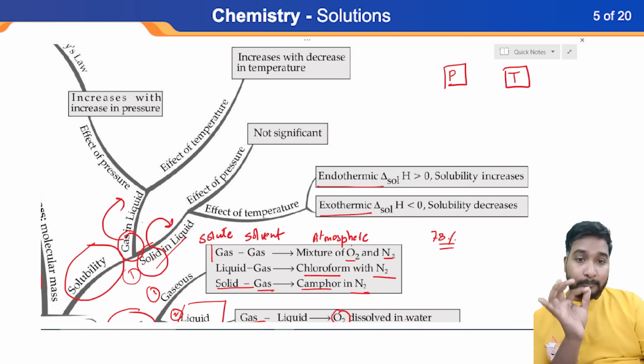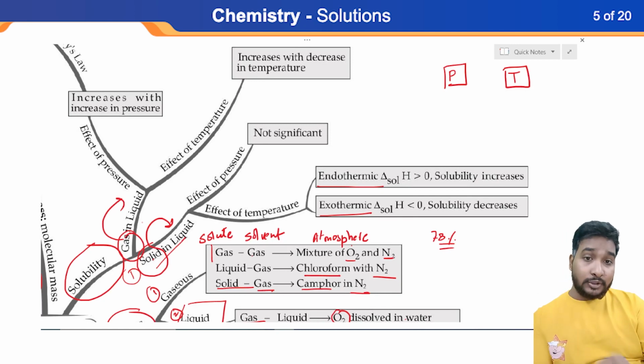If we blow air into the juice glass, bubbles will appear. So why are bubbles appearing? Because we are blowing CO2 in the form of air, and air is not dissolving in water.